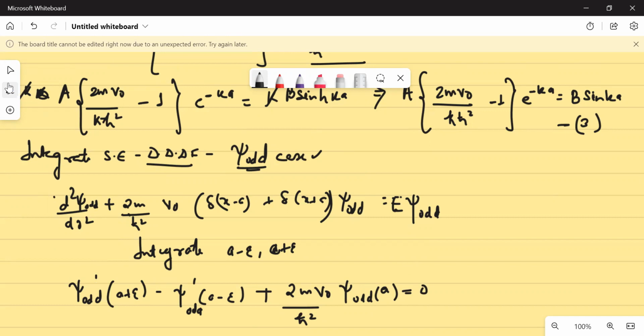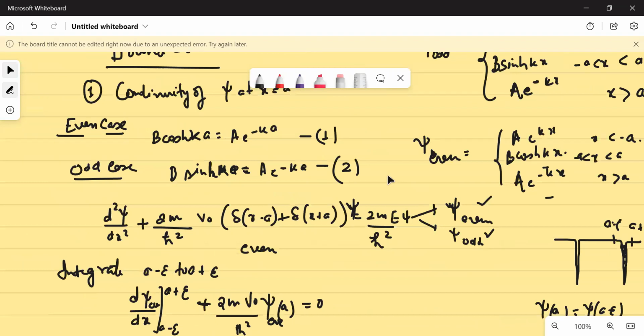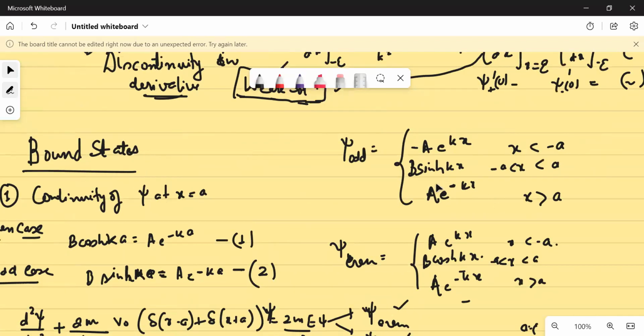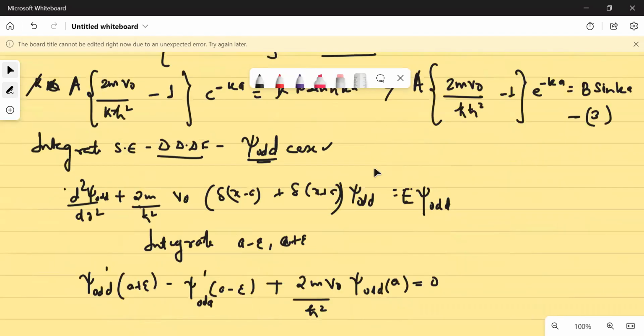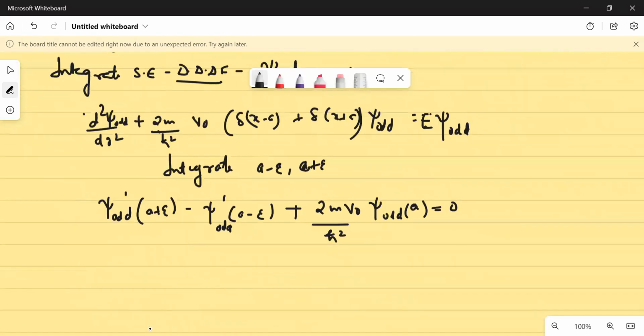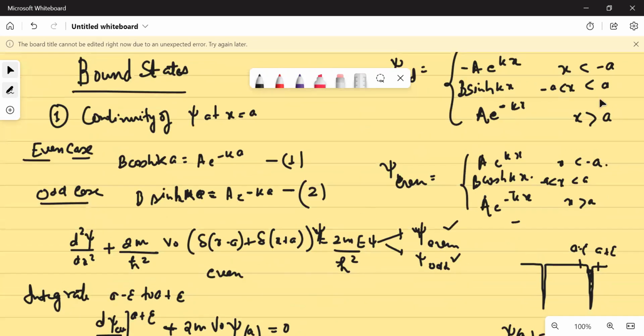Okay. Now psi odd at a plus epsilon. Let us go back and see. So this is simply this. This would be minus ka e to the power minus ka. So again it will be minus ka e to the power minus ka, and minus the derivative of psi odd at a minus epsilon.